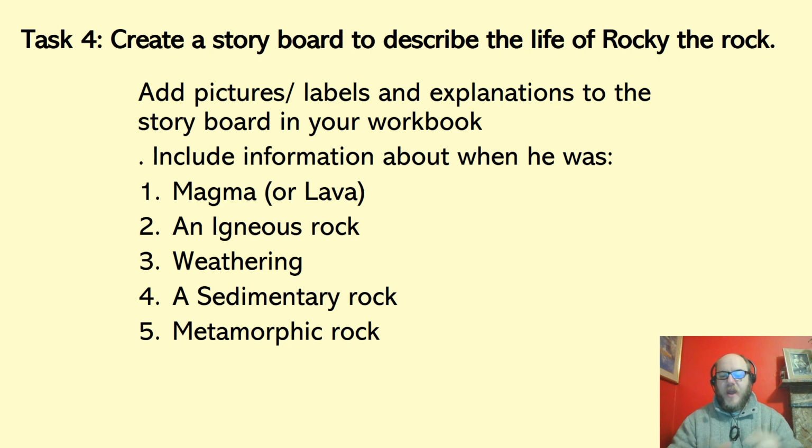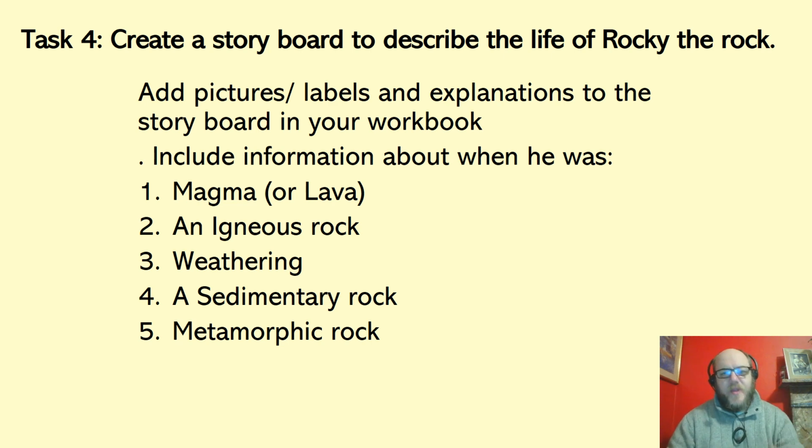Okay, over to you again now, and it's your turn to be really creative and design something cool. What I want you to do is create a storyboard to describe the life of Rocky the Rock. Now, Rocky the Rock can be a character, or it could just be a rock that someone's named.